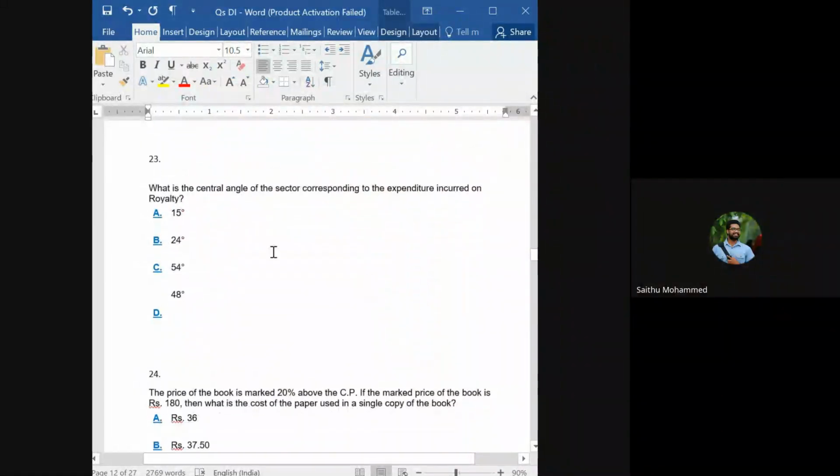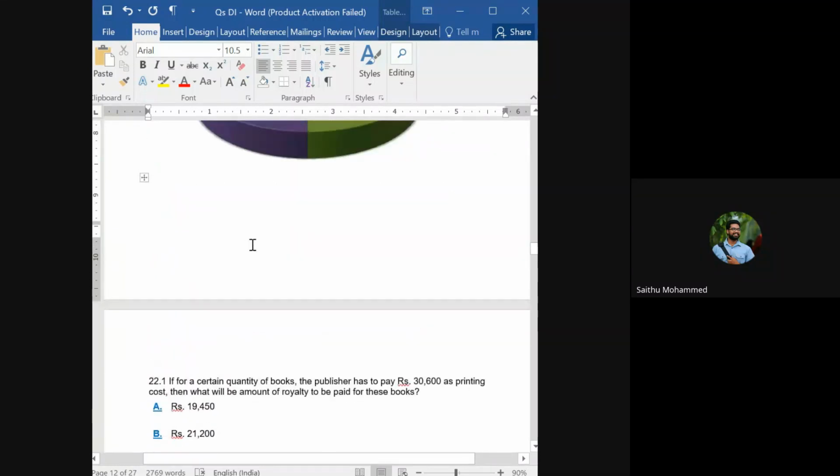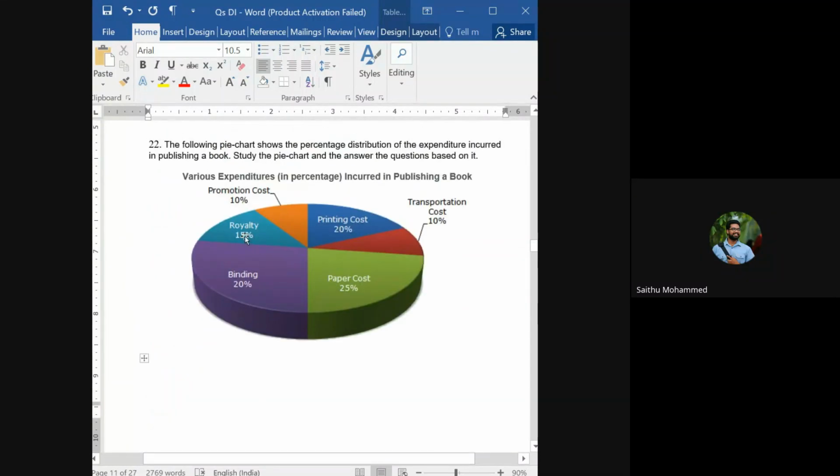So that's why I will take you to this question. What is the central angle of the sector corresponding to the expenditure incurred on royalty? See here, in royalty, we know that this is 15%, right? The royalty which is given here is 15%.